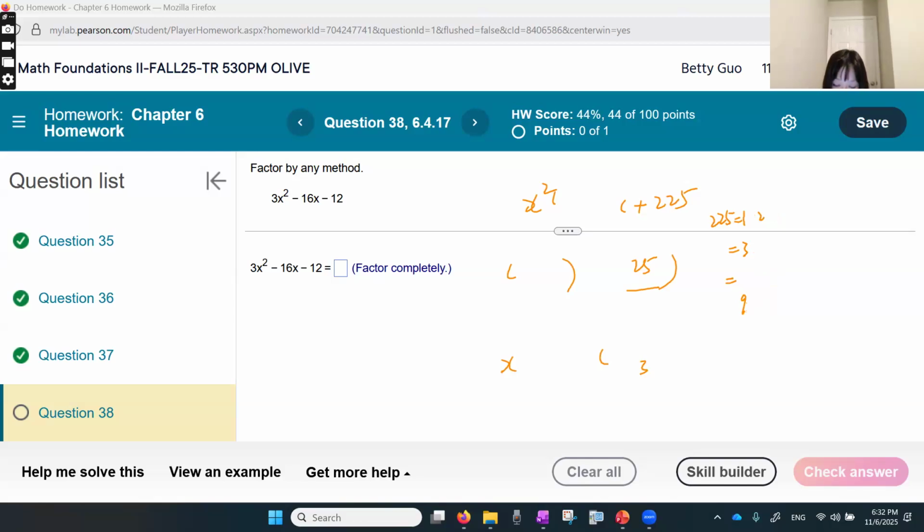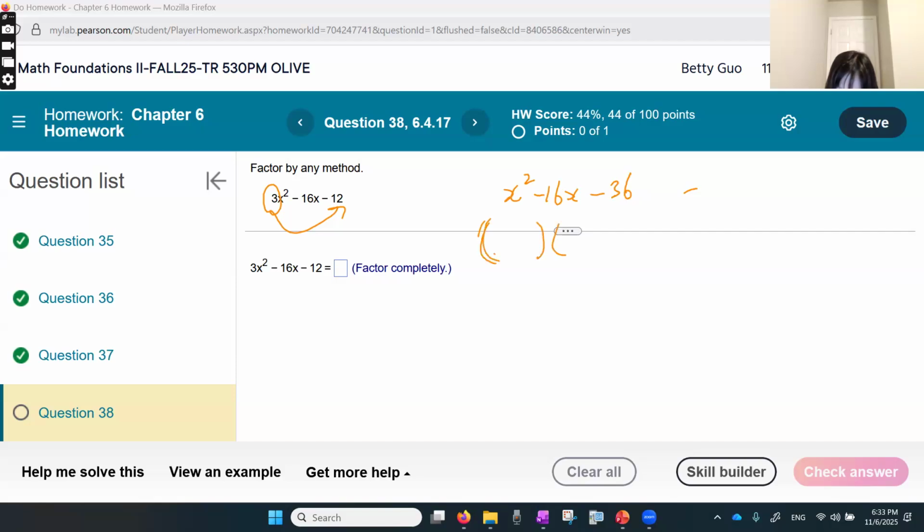Let me erase those. All right. So this one, do we have a GCF to factor out? No. So slide divide slide. So x squared minus 16x minus 12 times 3, which is 36.